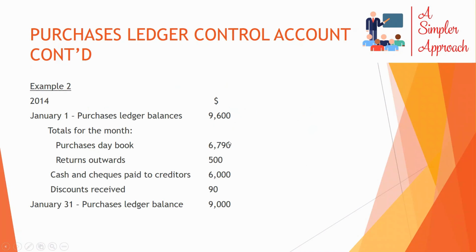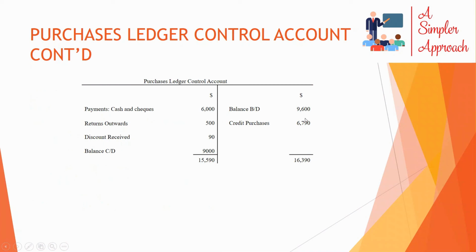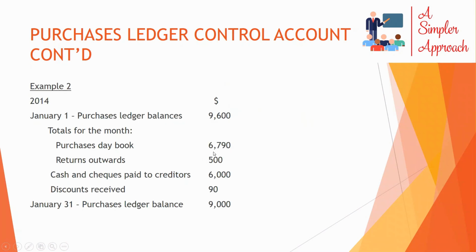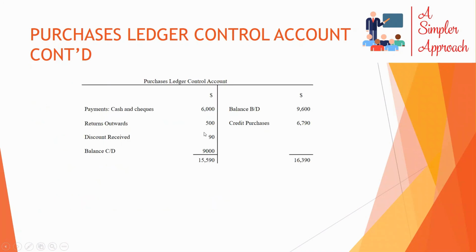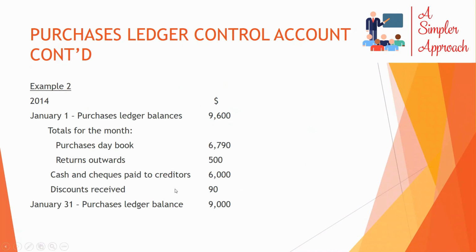Purchases day book, sum total, $6,790 on the credit side. Returns outwards, cash and checks paid to our creditors, and discount received, all placed on the debit side. Why? Because when this information is being recorded, it would have been placed on the debit side of our creditors. And lastly, purchase ledger balance, $9,000. This is the closing balance.